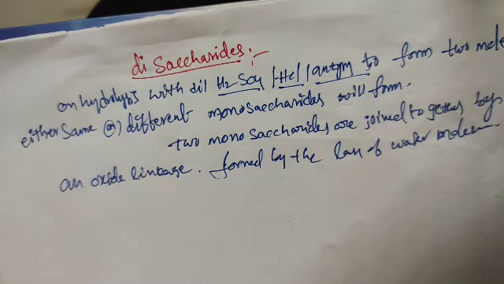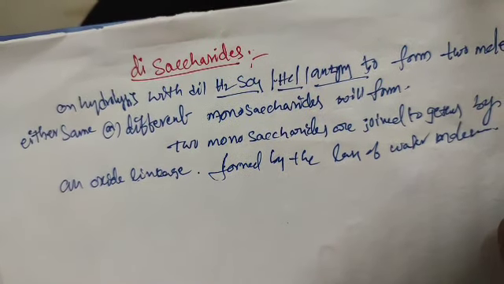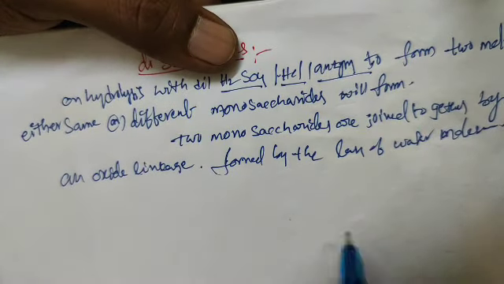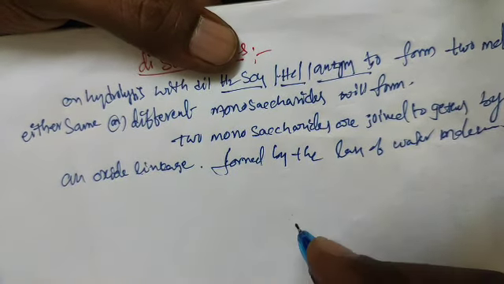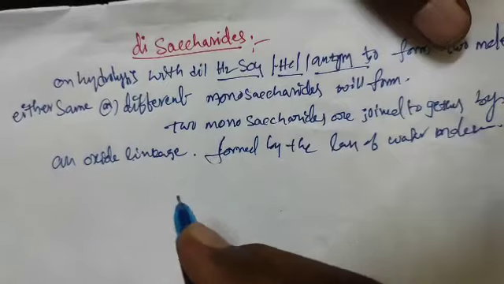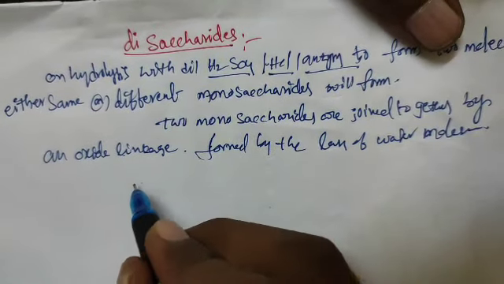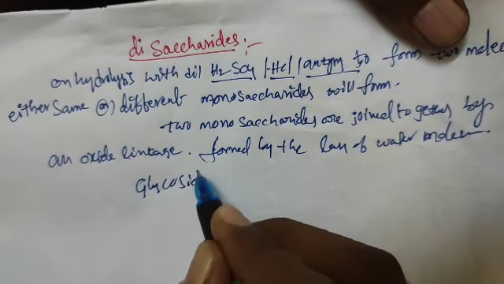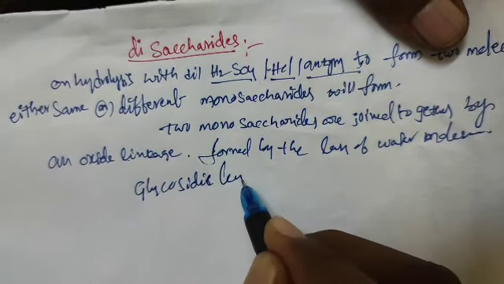With the help of one oxygen, it will form one oxide linkage between two monosaccharides. That one oxygen atom joining the two monosaccharides we will call the glycosidic linkage.